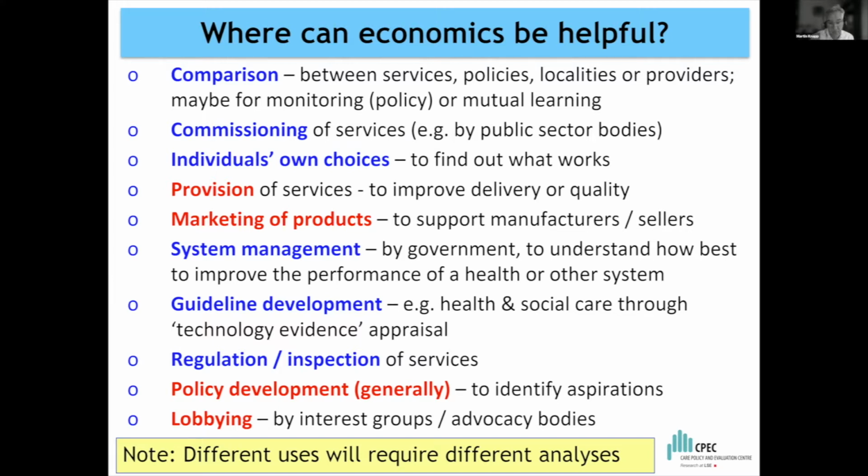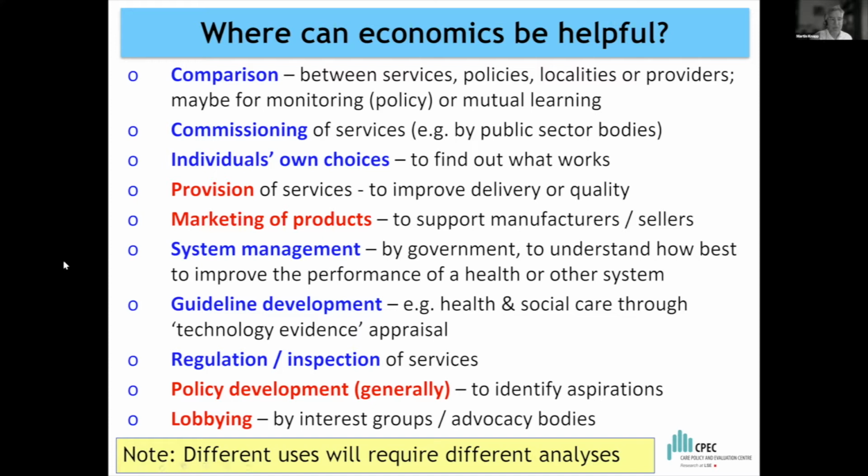And at the bottom there, I put the different uses. Uses of economic information will require different types of data to some extent and different analyses. So what we're going to show you here is a general approach to economic evaluation in social care. And some of that will be relevant to many of those different areas on the slide.